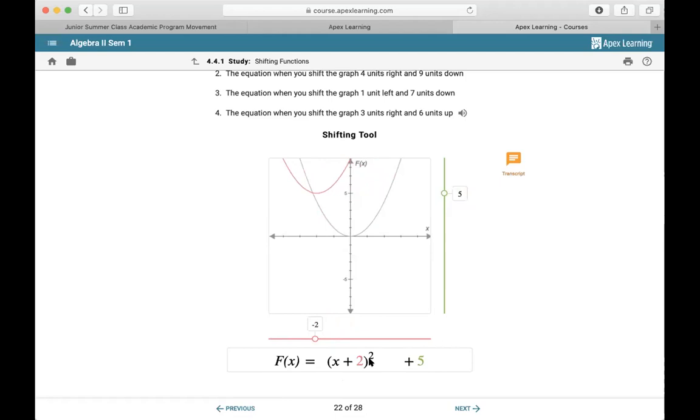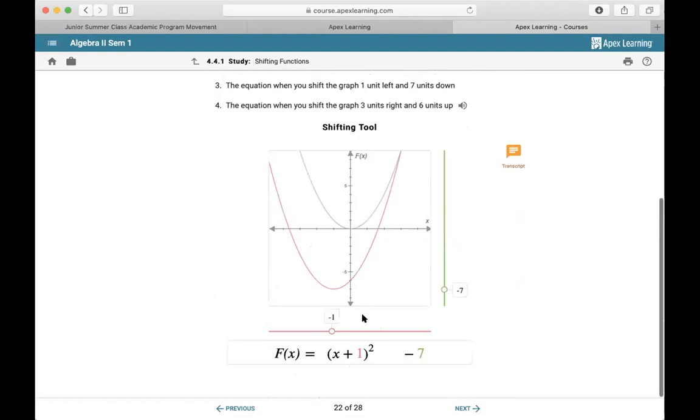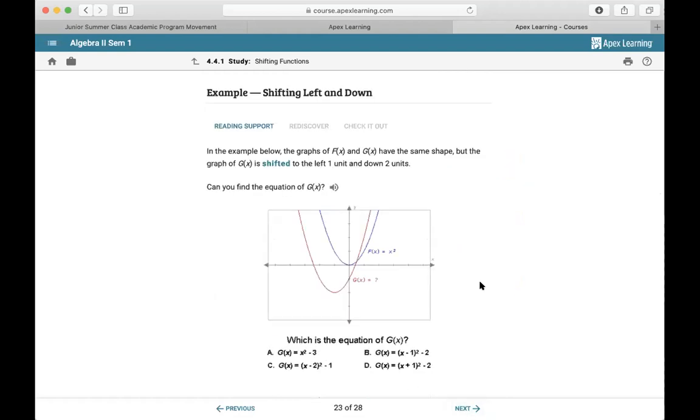So you can break it apart and go piece by piece. For the next one, go 1 unit left, 7 units down. Well, 7 units down, 1 unit left. It's just adding both of those components together that we've been working on.